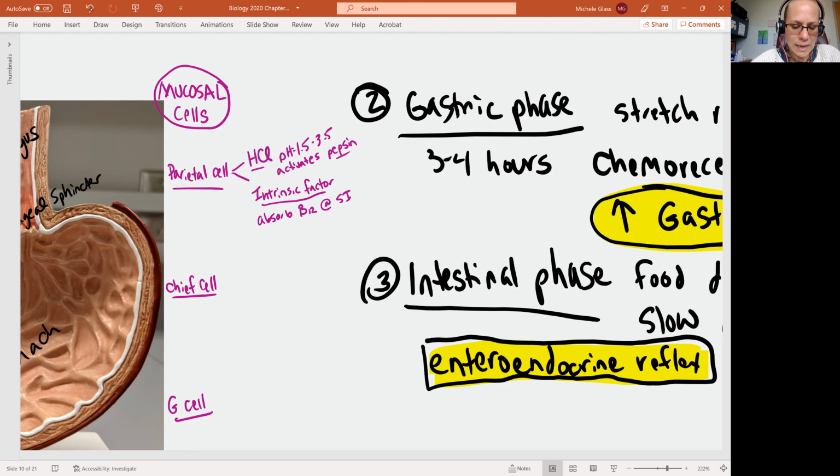When we take a look at our chief cells, we're going to see that the chief cell is going to secrete pepsinogen, which is going to become pepsin in the presence of the hydrochloric acid. And pepsin, we'll see, is going to be important in helping to, I'm going to say, digest proteins.